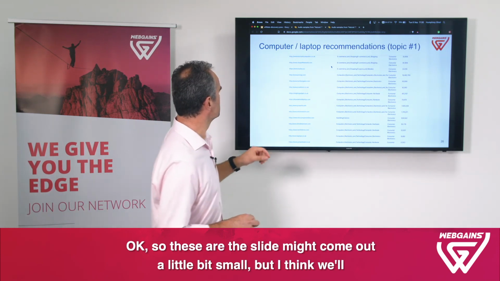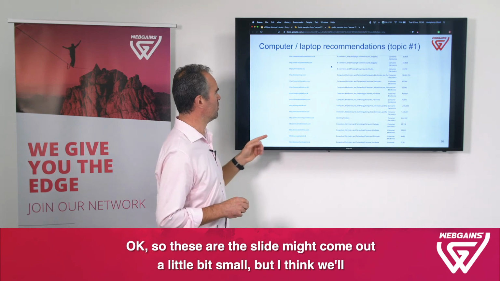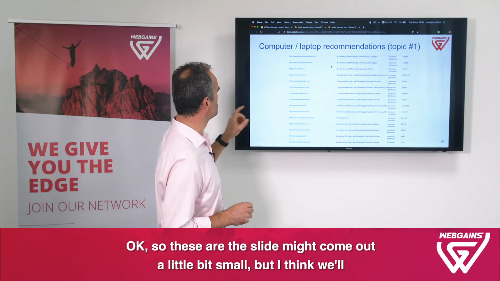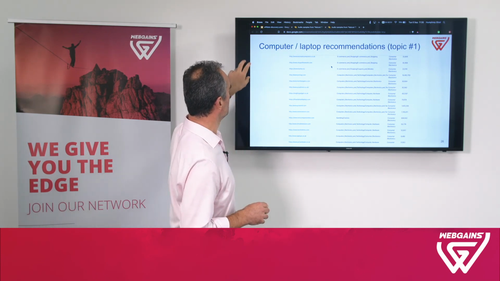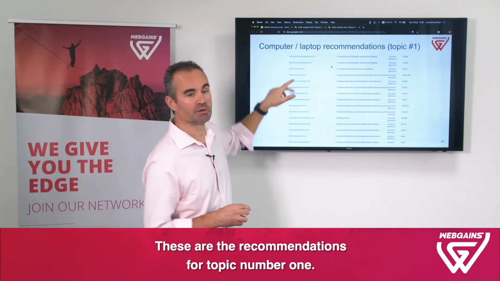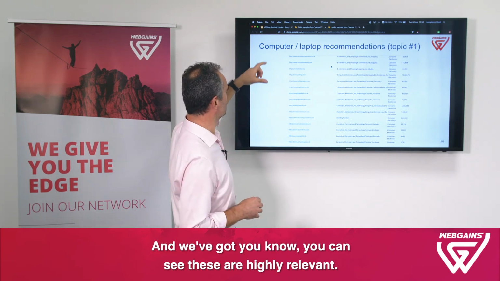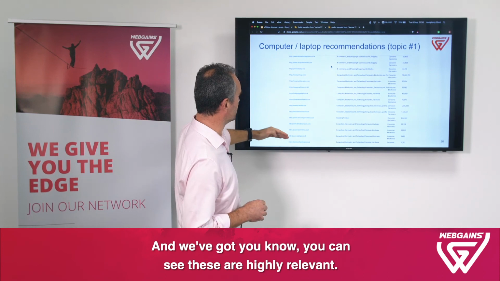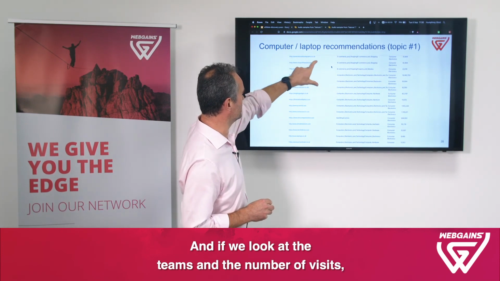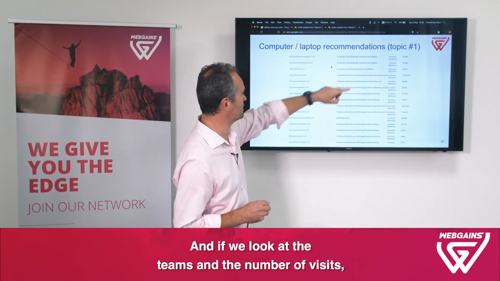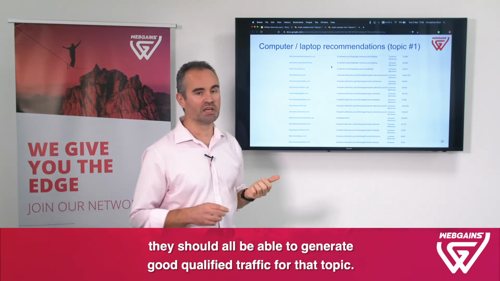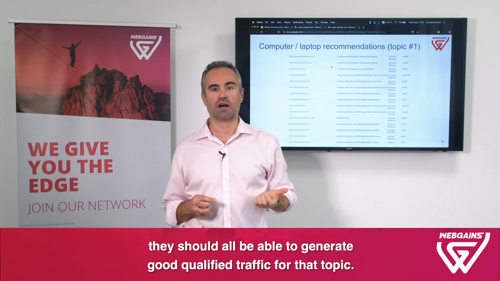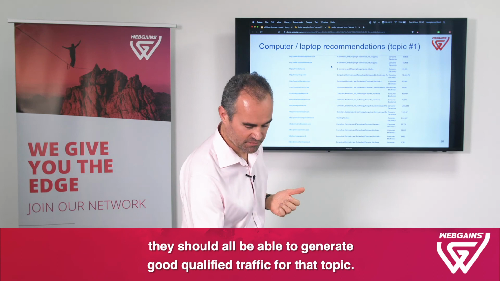Okay, so this slide might come out a little bit small, but I think we'll be able to zoom in on it. These are the recommendations for topic number 1, and you can see these are all highly relevant, and if we look at the themes and the number of visits, these should all be able to generate good qualified traffic for that topic.